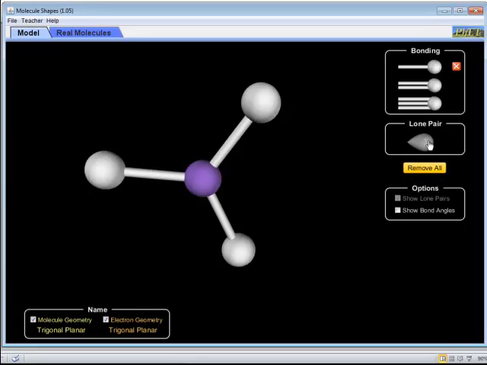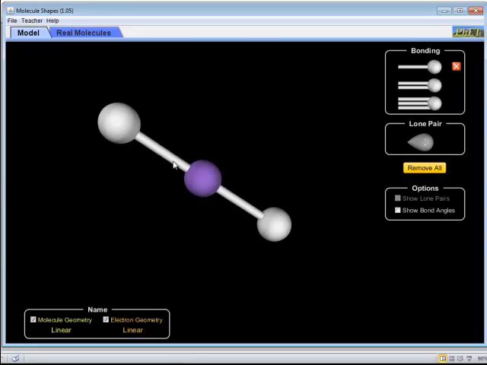And if we remove 1, if we only have 2, AB2E0, and this is going to be a linear 180 degrees.